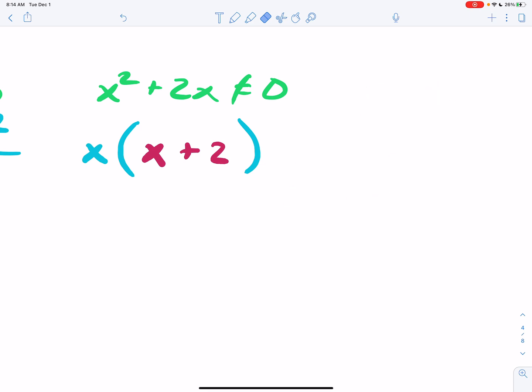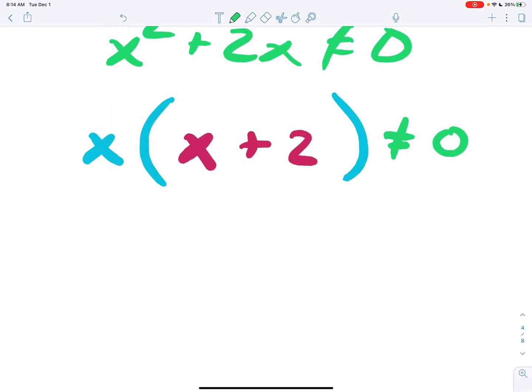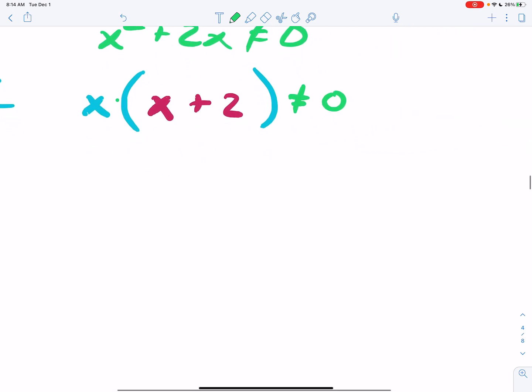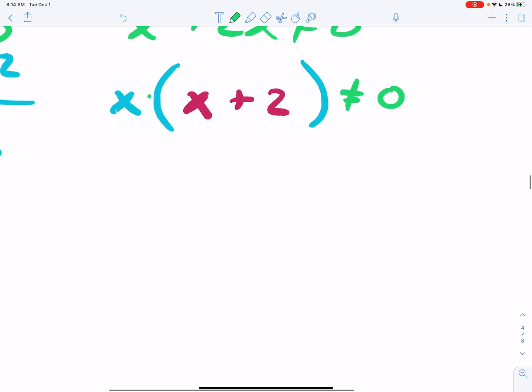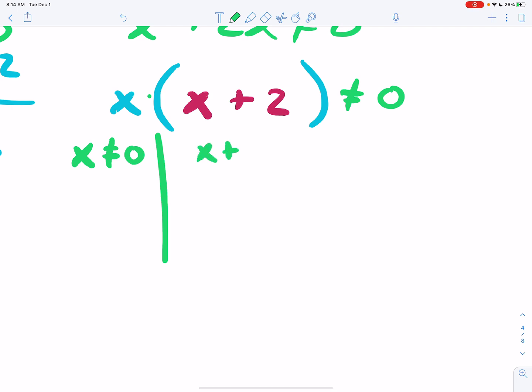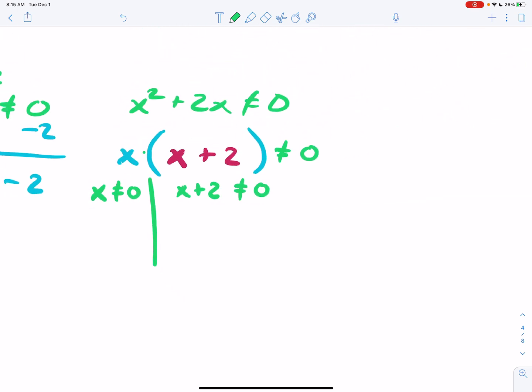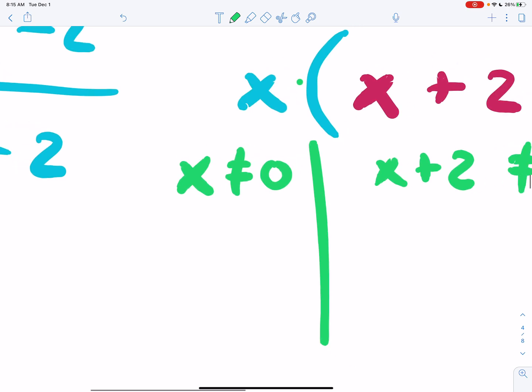So we factored it. Remember that this cannot come out to 0. We do have a product because it's x times something else. So we could use the zero product property here. We can set each factor not equal to 0. So this is what's slightly different. So pay attention to this part, okay? So here, x is already solved for.